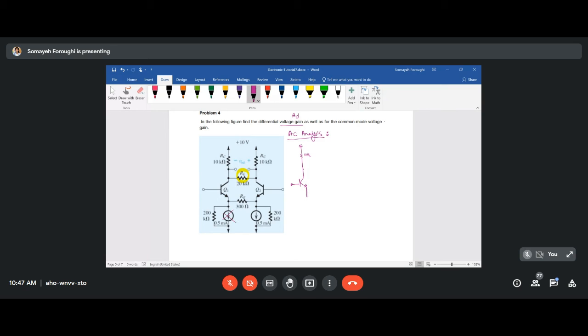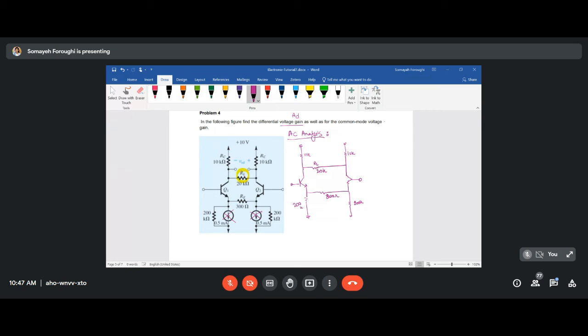You know that those current sources are open circuit, so you will only have 200K and that RE, which is 300 ohm, 200K again, and 10K again, and here we have RL, which is 20K ohm.